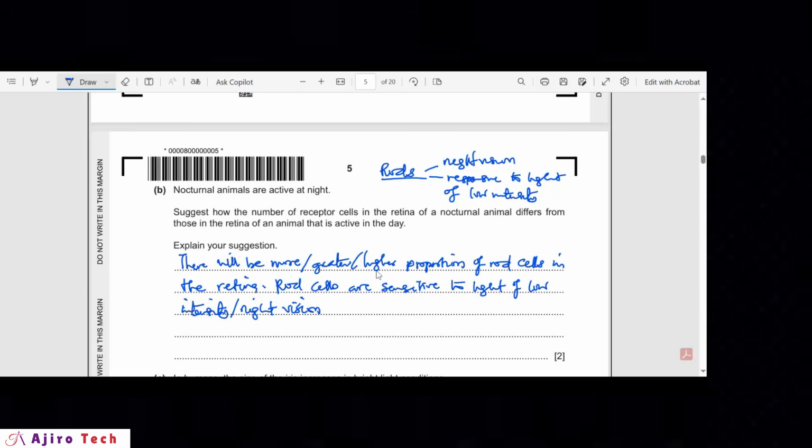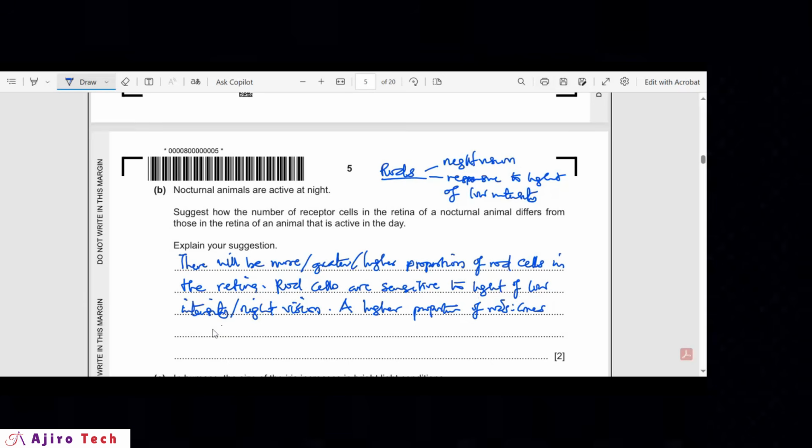So we expect a higher proportion of rods to cones, a higher proportion of rods to cones, right?